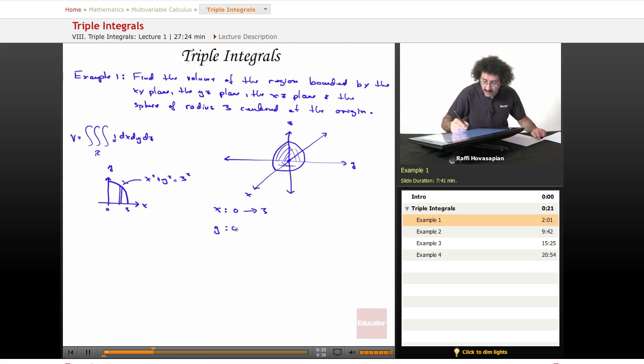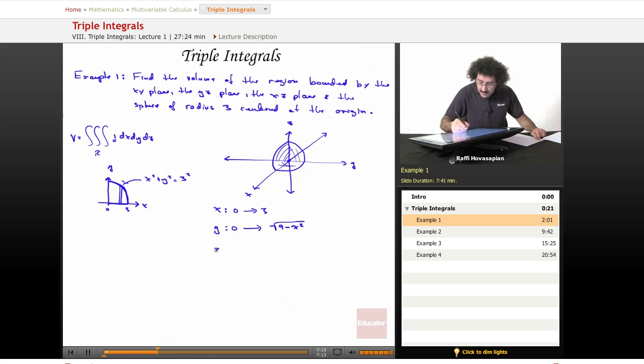So y is going to run from 0 to this equation, which I have to express explicitly in terms of x, which becomes radical 9 minus x squared, right? If I take x squared plus y squared equals 9, I move the x over, I get 9 minus x squared. I take the square root, I get plus or minus. Minus gives me the part below, the plus gives me that part. So x goes from 0 to 3, y goes from 0 to radical 9 minus x squared.